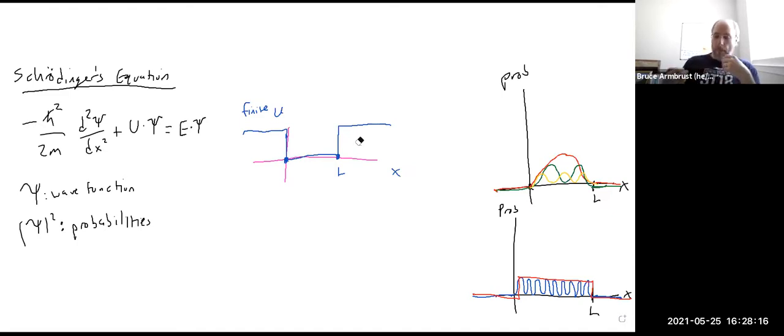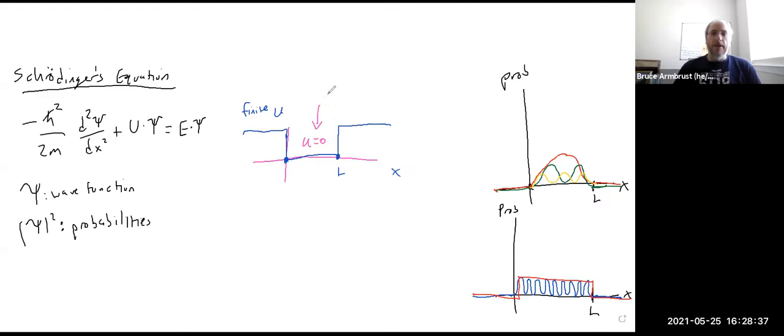Okay, so when we do this, we actually have to break this into a couple of different pieces when we look at Schrodinger's equation. Because if you think about it, inside the box, again, somewhere in here, we've got u equals 0.